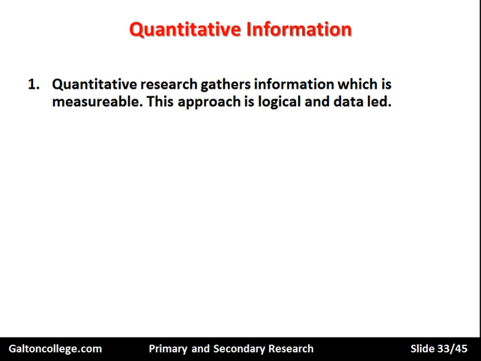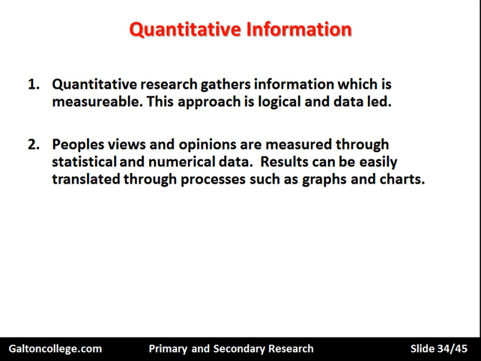So it's quantitative information. People's views and opinions are measured through statistical and numerical data. Results can easily be translated through processes such as graphs and charts. So sometimes statisticians have found ways of measuring people's attitudes.